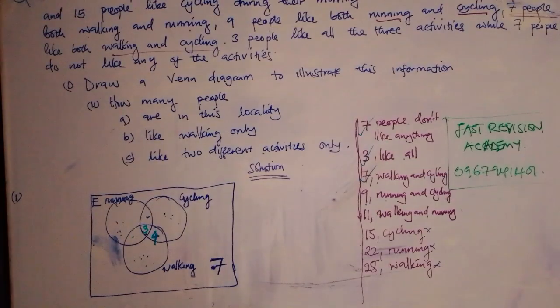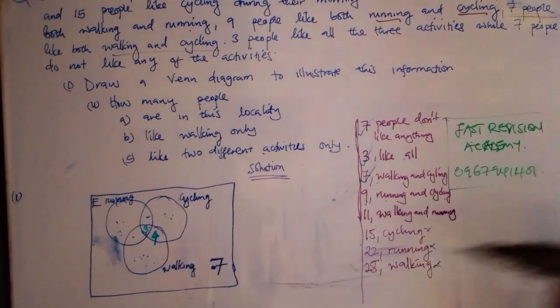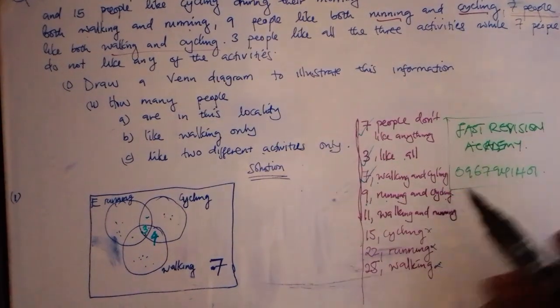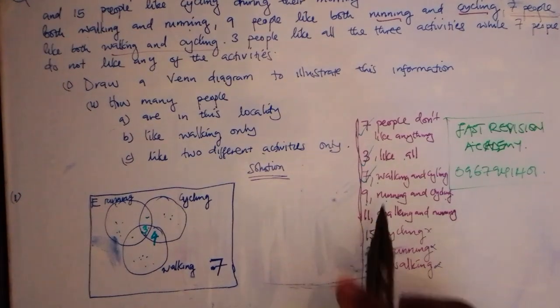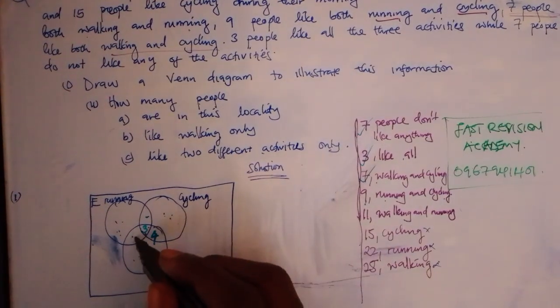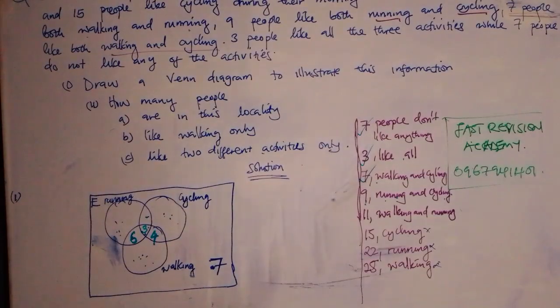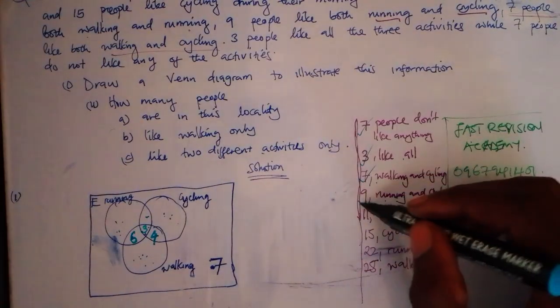So remember again, from learning and cycling, we have 3 people already who like learning and cycling. So we are going to subtract those 3 people from 9, which will give us 6 as our number, which we are going to put there. So this is how simple the Venn diagram is, if you are following me.